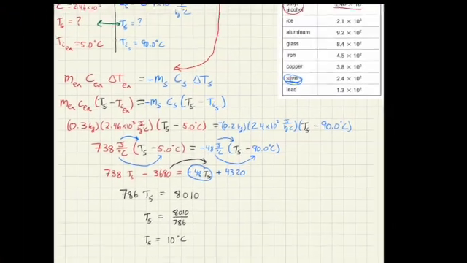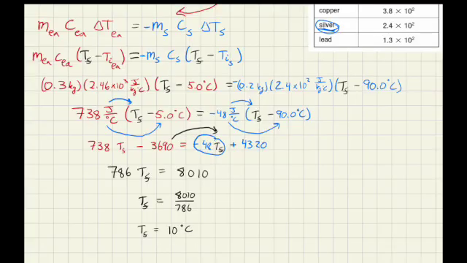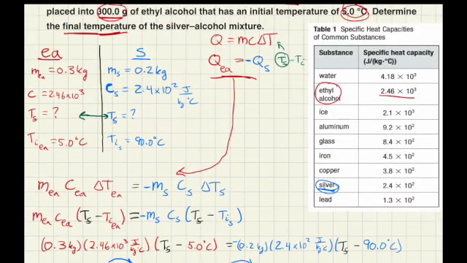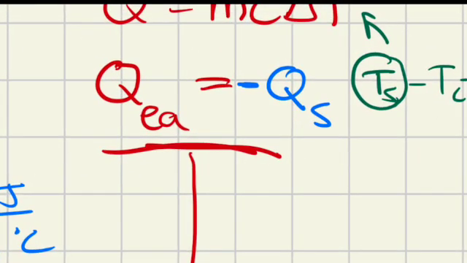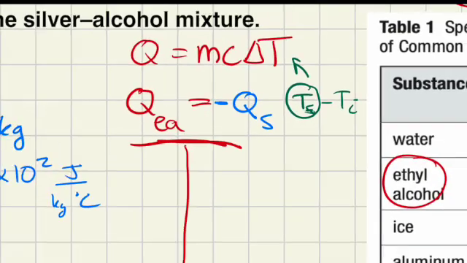So wow, what a question. A lot of information there. The main takeaway is that the formula here is very, very important. Delta T is equal to the temperature change. It's the final temperature subtracted by the initial.